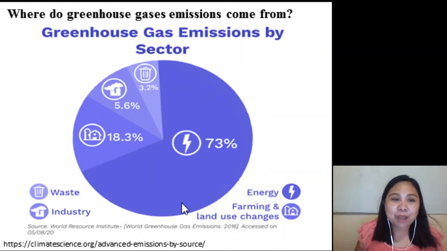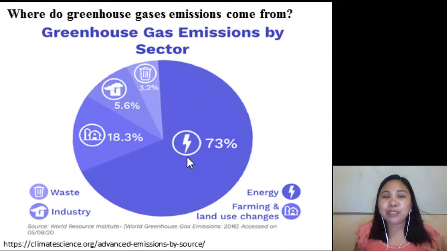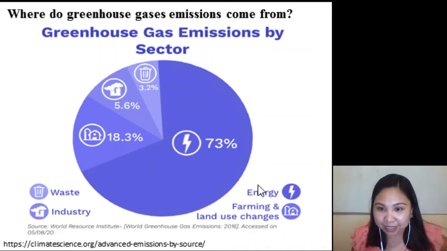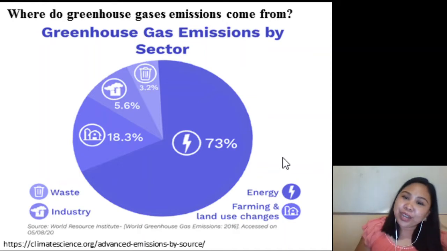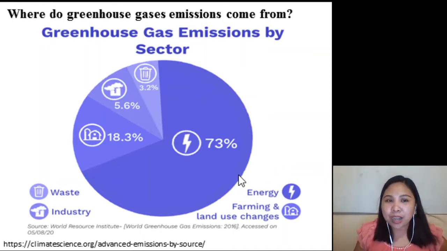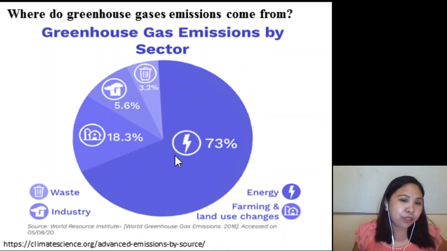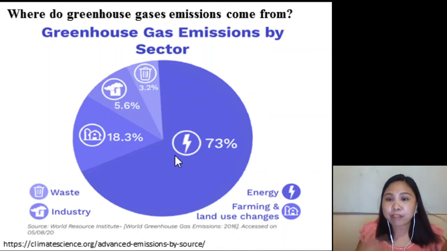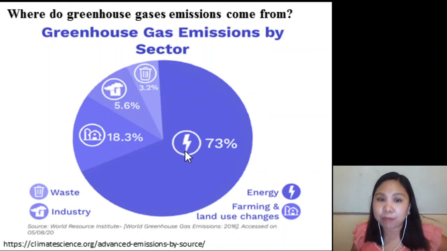Okay? So, kung makikita nyo dito, 73% of the greenhouse gas emission is coming from the energy sector. Okay? Yung pag-generate ng electricity, ayan. So, that is one of the most contributing factors kung bakit meron tayong mataas na greenhouse gas emission.